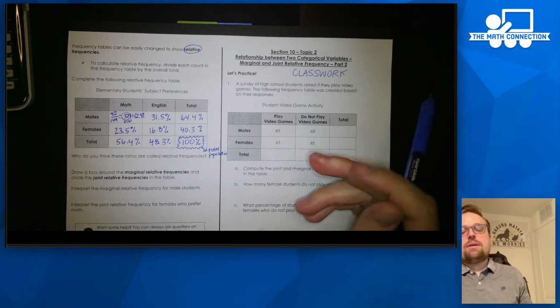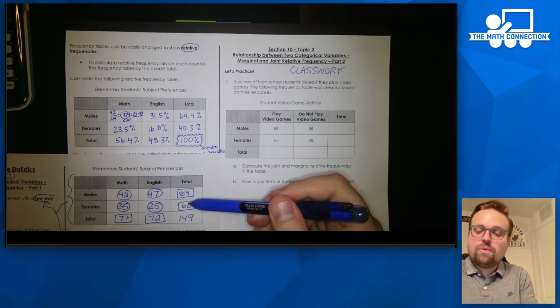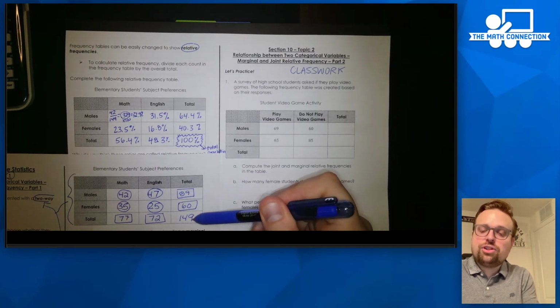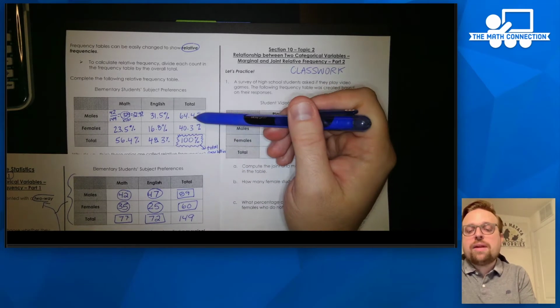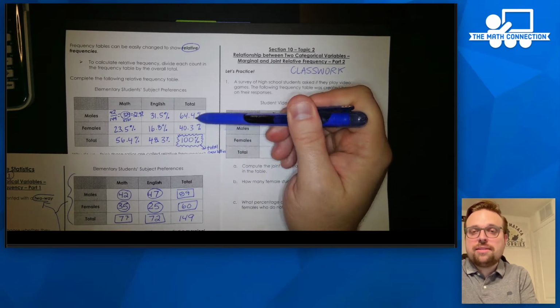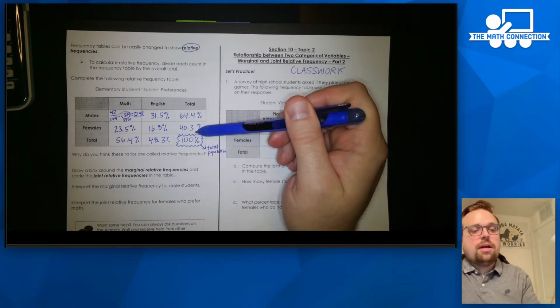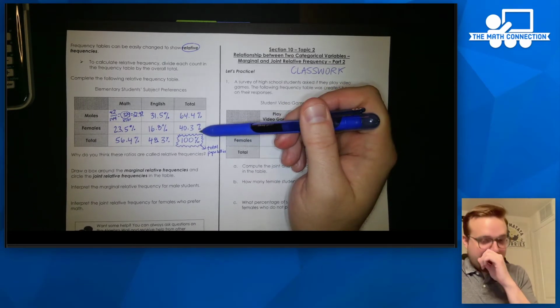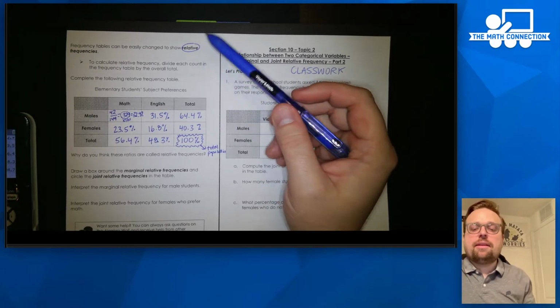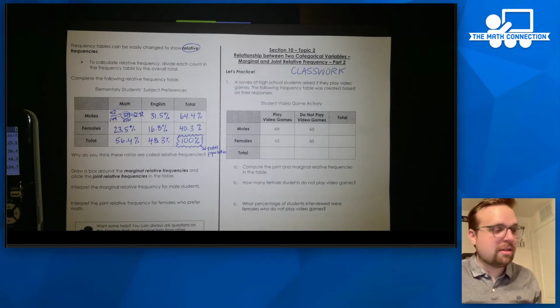Now, if you go back to our last table that we made with the counts, when you add these two values, you should get the total. So that means when I add these percentages, it should be adding up to 100. So if I do 64.4 plus 40.3, I get 104.7, and now I'm starting to think that maybe I did some math wrong. So let me just double check my work.